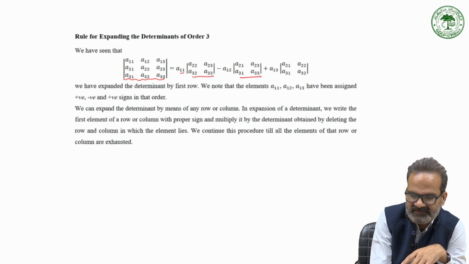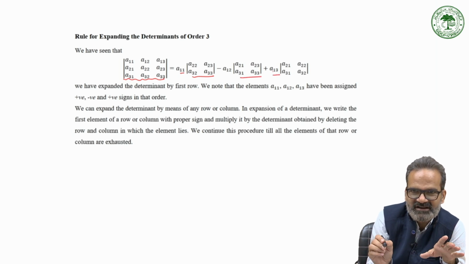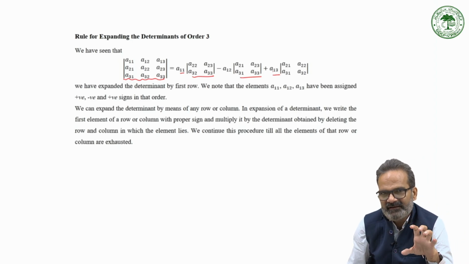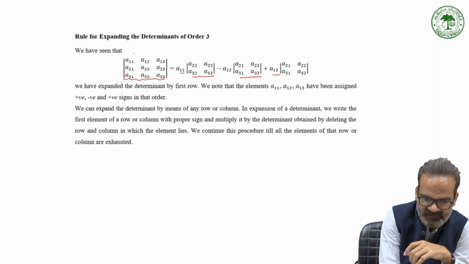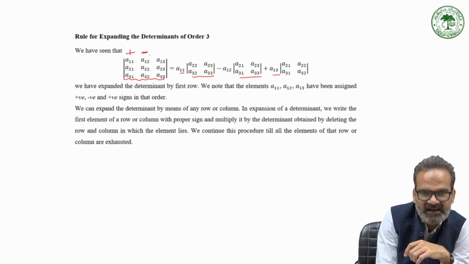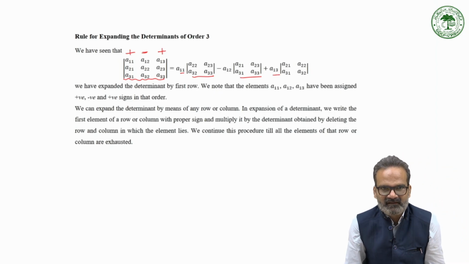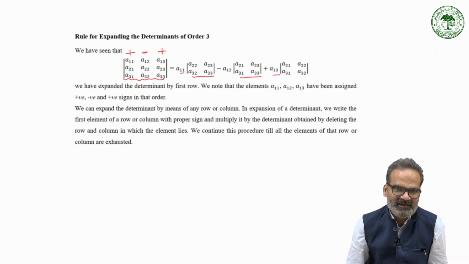You will get this, plus A13, delete the row and column in which A13 lies, right? This way you can expand the determinant to find its value, but we will use the plus sign with the first element, then the minus sign with the second element, and then again the plus sign with the third element. So we can expand the determinant by means of any row or column.